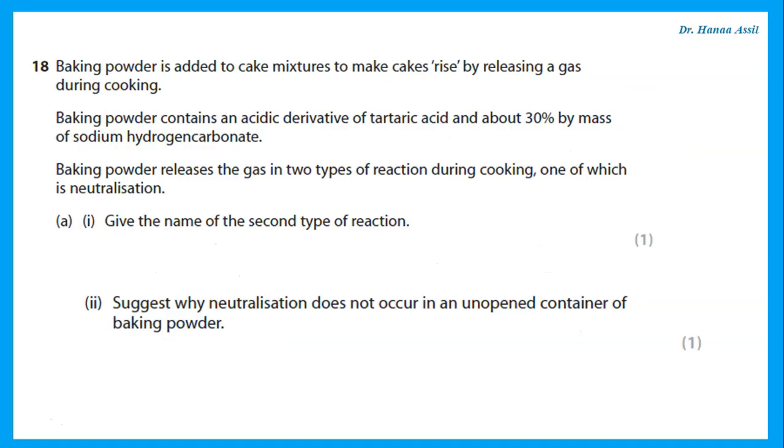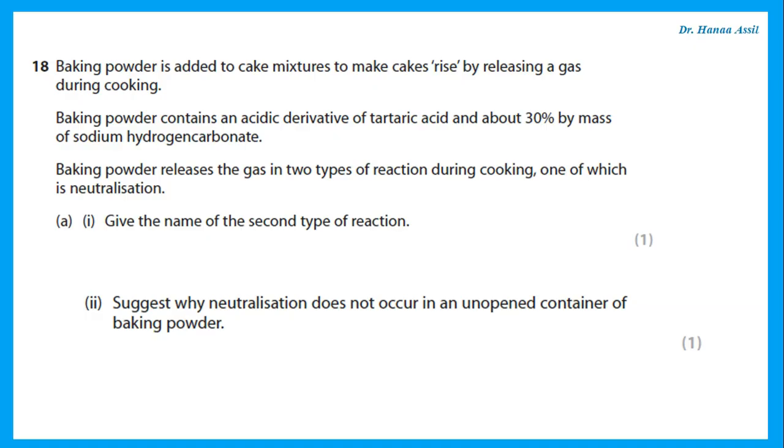Baking powder is added to cake mixtures to make cakes rise by releasing a gas during cooking. Baking powder contains an acidic derivative of tartaric acid and about 30% by mass of sodium hydrogen carbonate. Baking powder releases the gas in two types of reaction during cooking, one of which is neutralization.